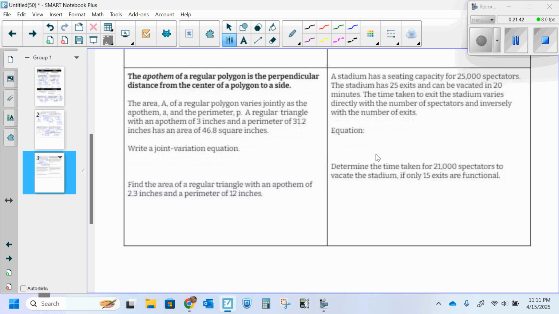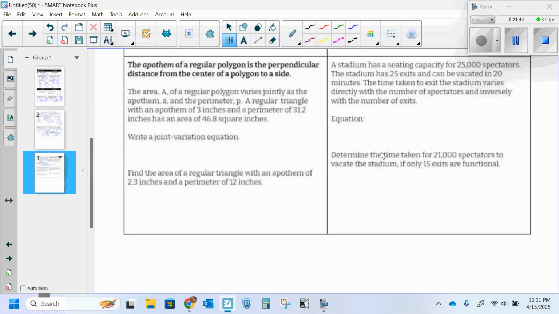All right, a stadium has a seating capacity for 25,000 spectators. The stadium has 25 exits and can be vacated in 20 minutes. That means, if there's an emergency, how quickly you can get them out. So this says the time taken to exit the stadium varies directly with the number of spectators and inversely with the number of exits.